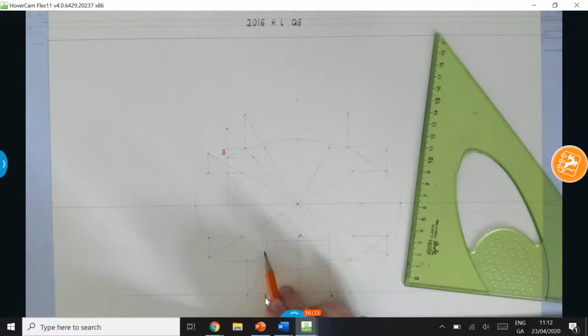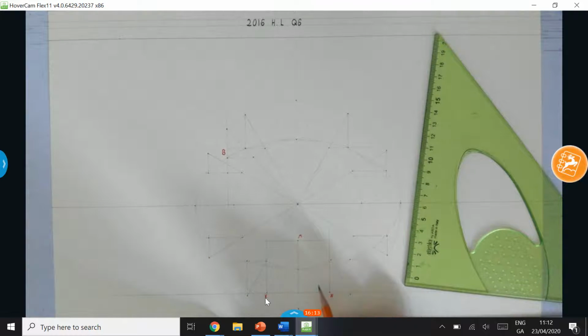Okay, so we have two rectangles here, and our parabola is going to fit into them two rectangles.